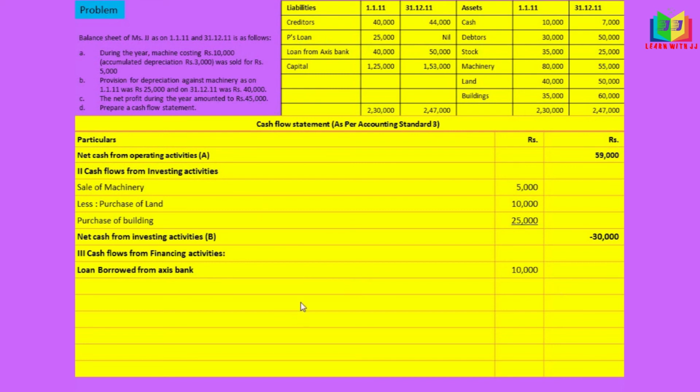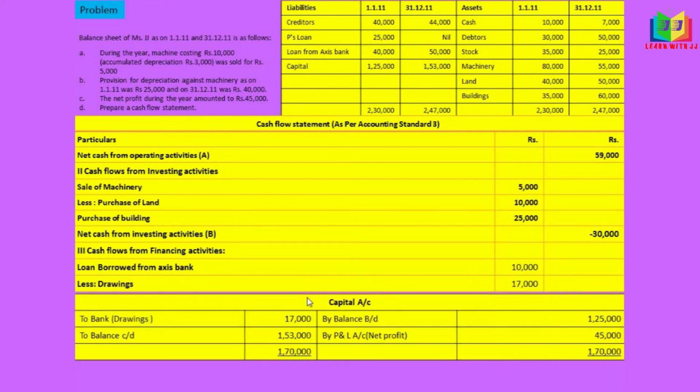We found the drawings 17,000. This drawings is to be subtracted. We found it in the capital account. And if we have any additional capital, that should be added with this. But here we don't have any additional capital, so we need not worry about that.